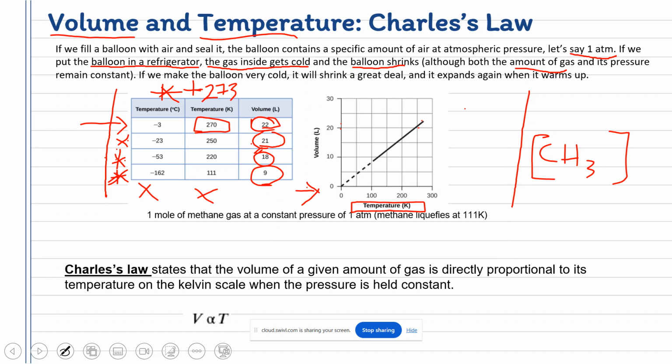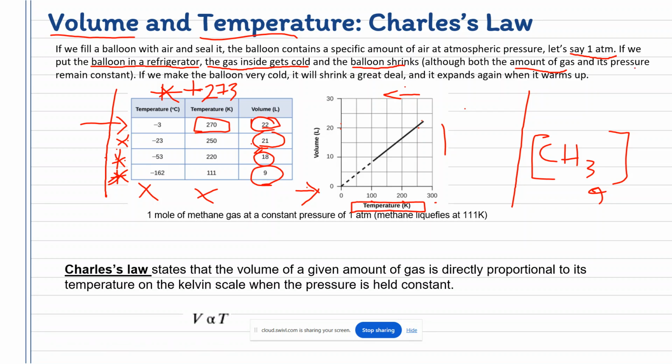I want to explain something here. As the temperature is dropping, because as you go this way, it's 300, now it's 200, now it's 100, the temperature is dropping. As the temperature of methane is dropping, something happens to methane. If you don't know, methane is a gas.